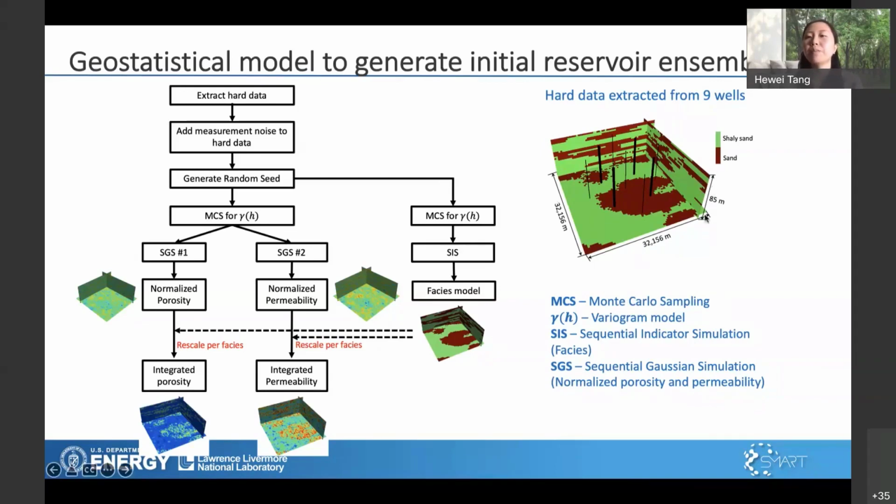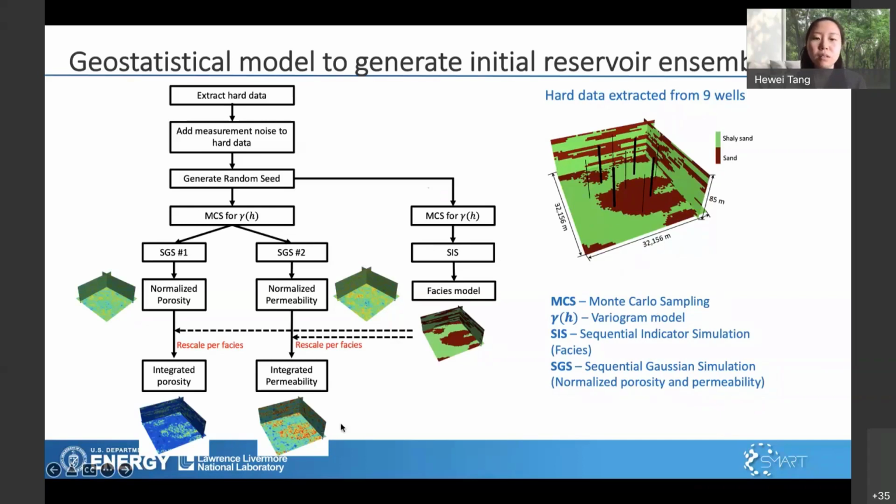So we finally found that we need more wells to constrain this facies distribution. There may also be some room to improve this geostatistical modeling approach, and you are welcome to let me know your thoughts and comments.